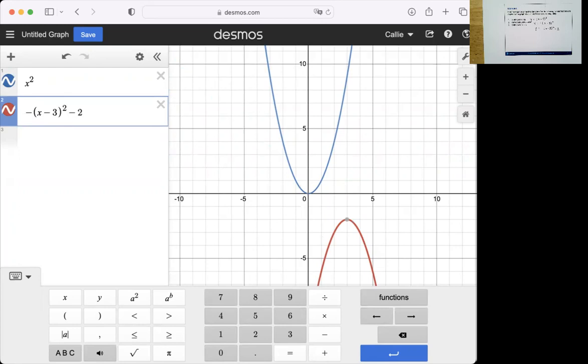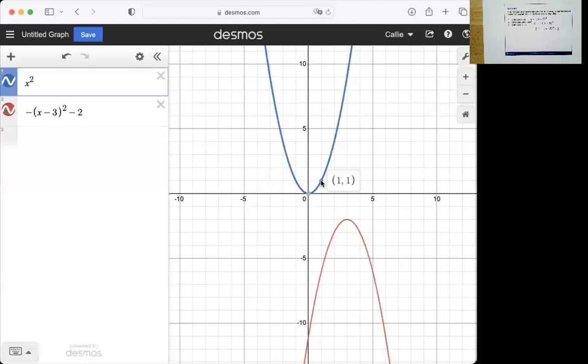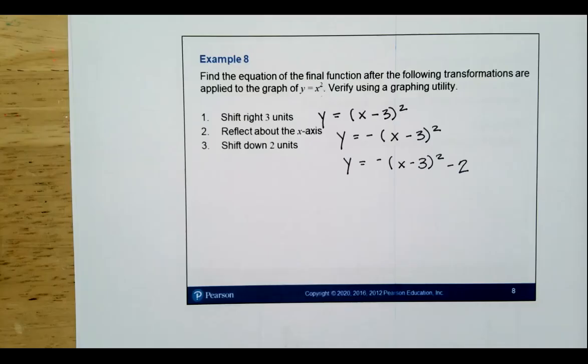Yes, that point that was on the origin is now 3 units to the right. Is it reflected across the x-axis? Yes, the point (1, 1) became the point (-1, 1), kind of, right? And then did it shift down 2 units? So from (0, 0), did we go down? Yes, we went down 2 units. So that looks correct.